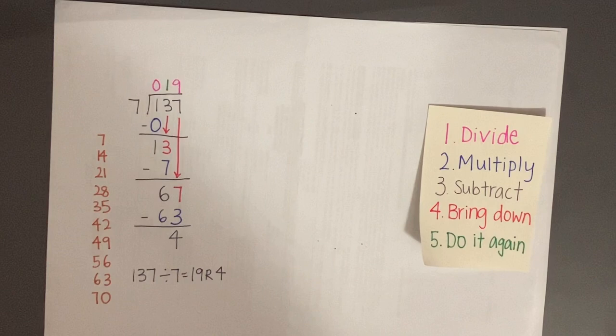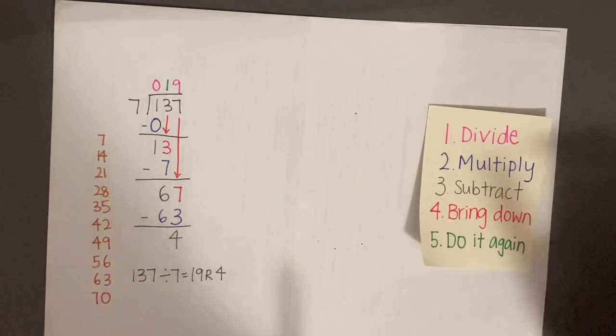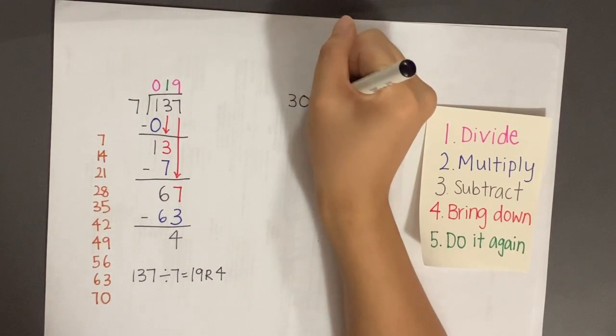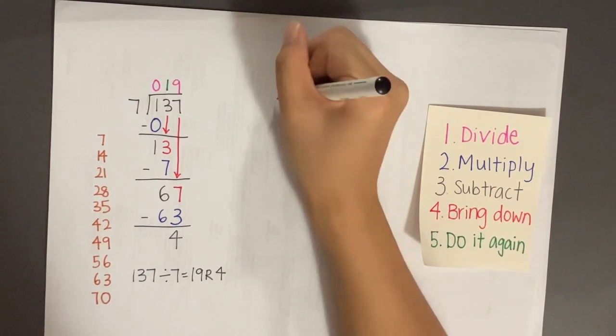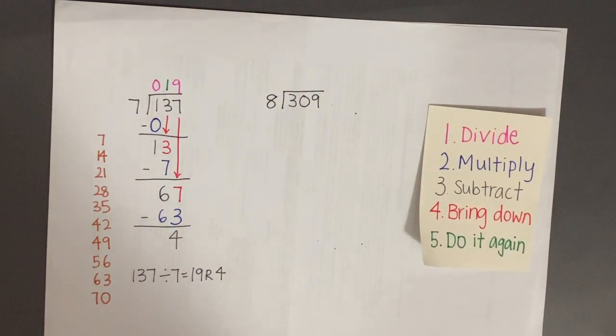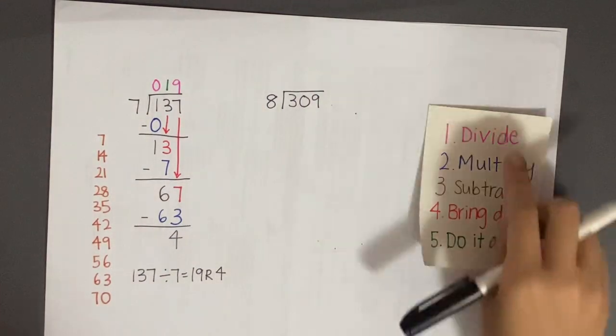Let's try one more three-digit number. Let's do 309 divided by 8. First step, divide.